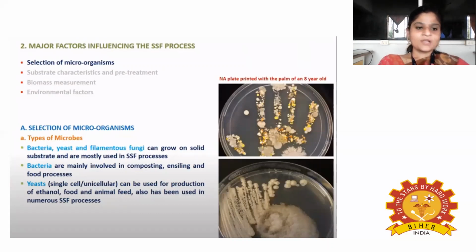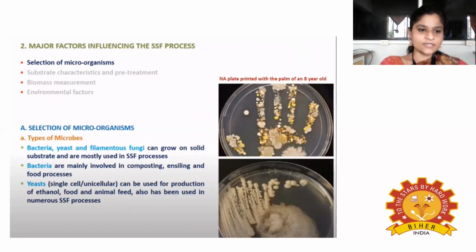Since this is based on biostream waste, the nutrients that are required for a bacteria to grow will be there in that substrate. So there is no need for us to provide any additional components for those organisms to grow. Keeping that in mind, the bacteria which are involved in composting and food processing can be employed for solid state fermentation.